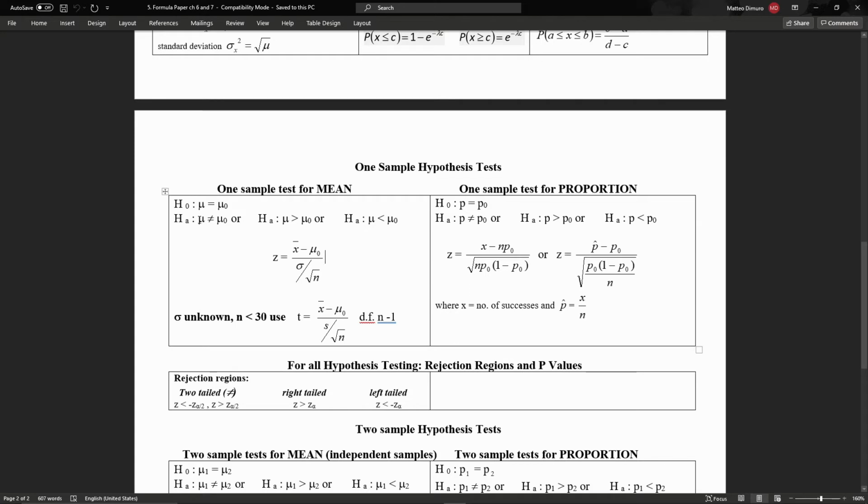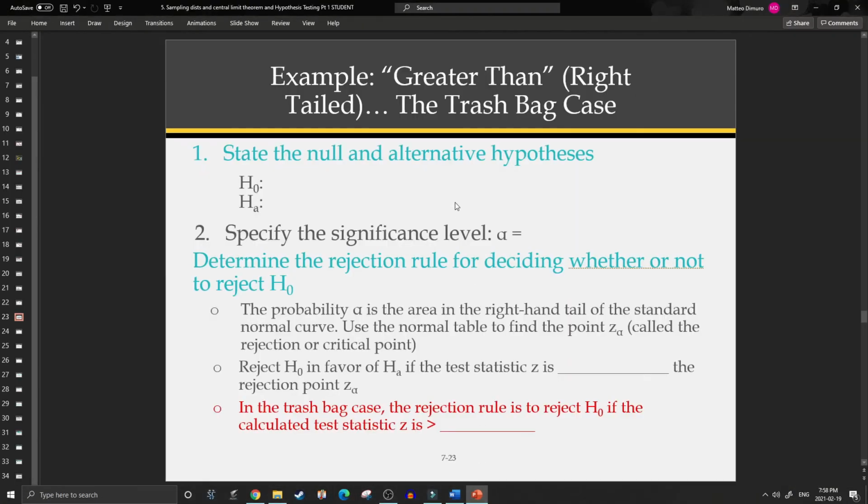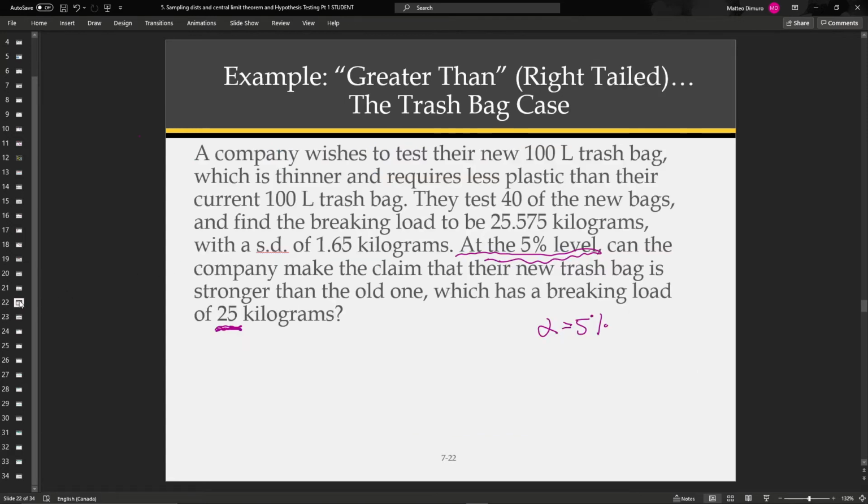So like I said, you're either going to have a two-tailed test where you're testing that it's not equal to the accepted value, or you're going to have the greater than test, right? This is the right-tailed test. Whatever statistic you're testing, the accepted mean is greater than the one you're testing, or the accepted mean is less than. In this particular question, they're trying to get us to test, let's see, the old breaking load is 25 kilograms.